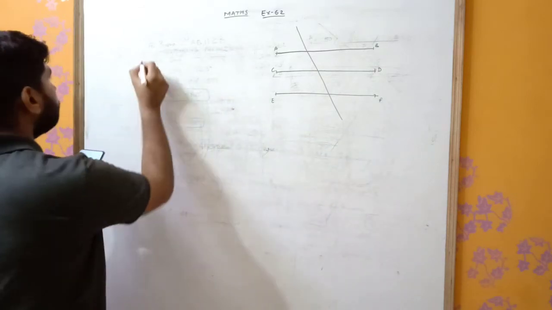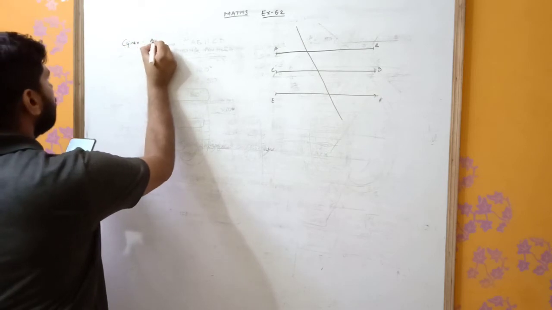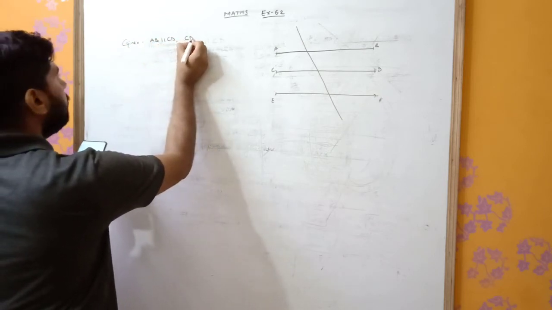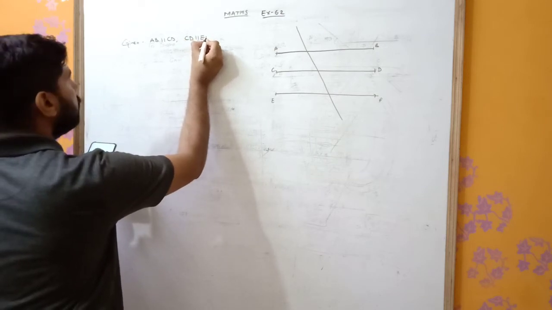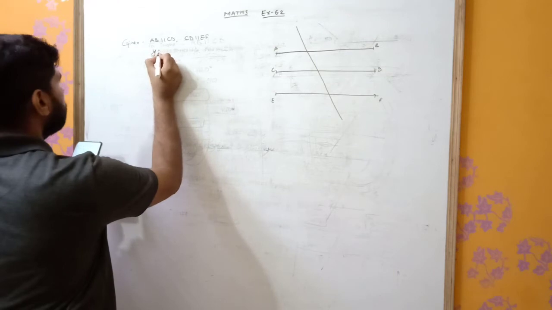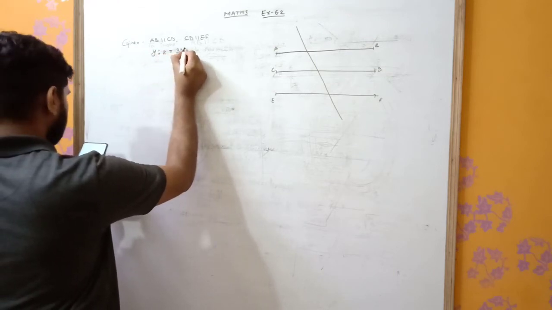It is given that AB parallel to CD and CD parallel to EF and y ratio z is equals to 3 ratio 7.